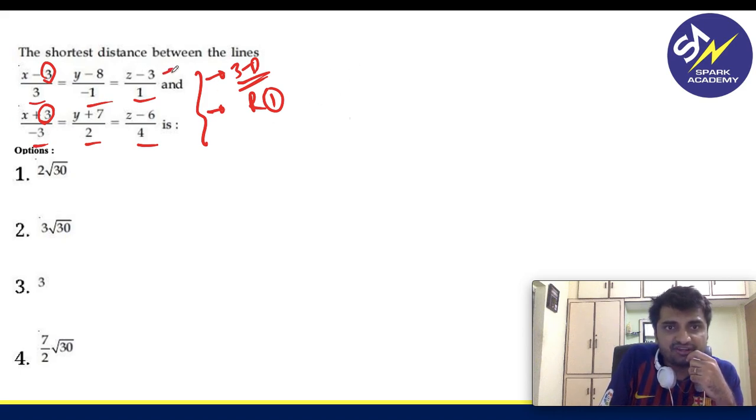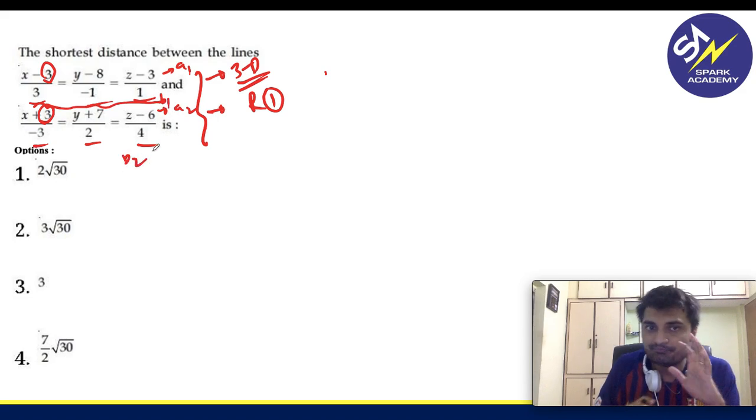This portion I will call A1, this portion I will call A2. The DRs in the denominator I will call B1 and B2.